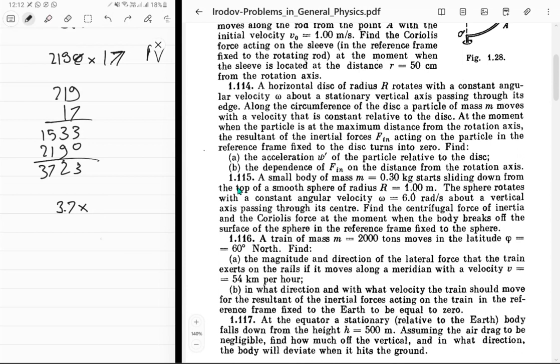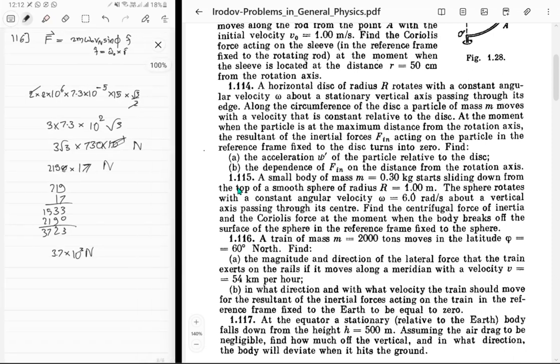These many kilonewtons. Kilonewtons are not used a lot, so I'll just say 10 power 3 newtons. Is it actually okay to use that? Whatever. 3.7 times 10 power 3 newtons.